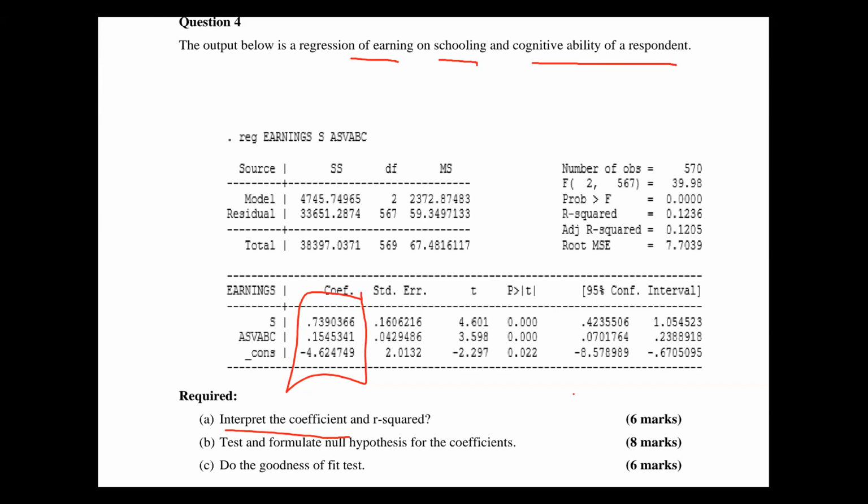Is that clear? The X variables are schooling and the cognitive ability of a respondent. The earnings are the Y variable.